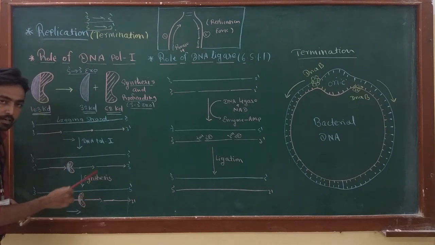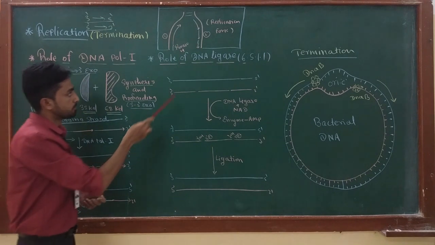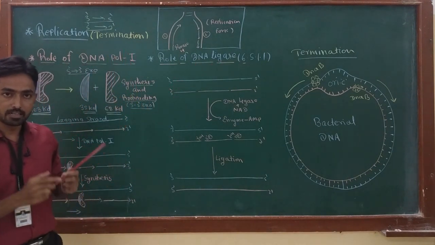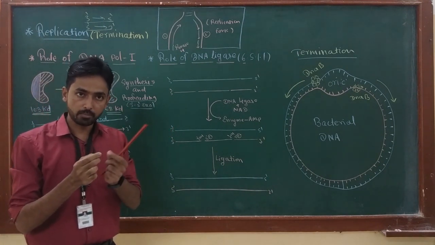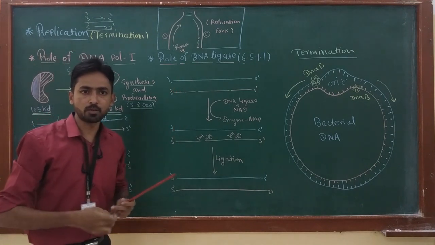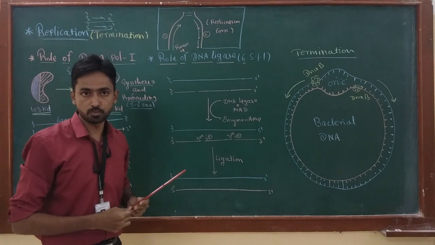To join that nick, the next enzyme comes into the picture, which is DNA ligase. The name itself suggests the ligase enzyme performs the activity of joining two DNA fragments together. This is the well-known enzyme which is used most frequently in molecular biology labs in restriction digestion experiments.